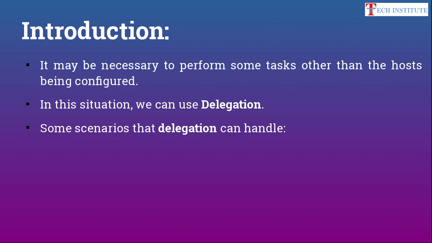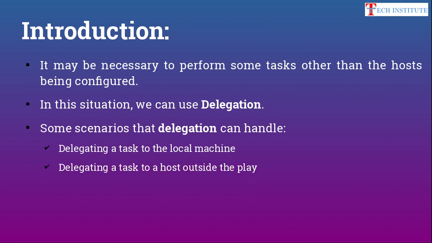One is like I have already given you, you want to run it on the local machine, like your controller node. Then one more scenario, you want to run some task on some other node which was not part of the play. Suppose you have a group of hosts like web servers, and then you want to run a particular task on a DB server. In that case you can use this delegation.